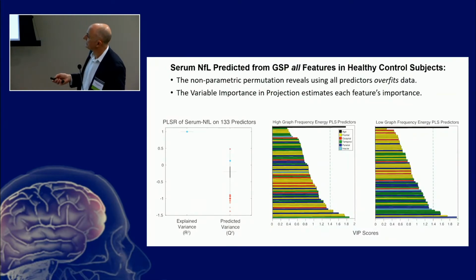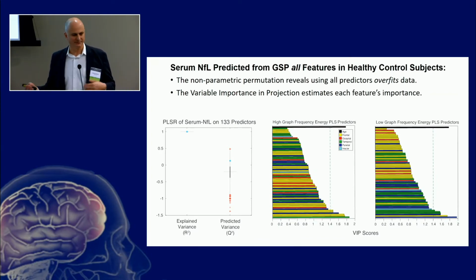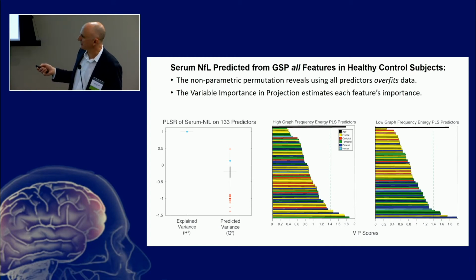So initially, we did the naive thing and regressed all 133 features, 33 different brain areas times 2 hemispheres times high and low plus age, and we found that we could predict 100% of the variance, and that's not true. This is basically an artifact of what's called overfitting. Okay? So we took an approach which is very well established in the field, which was to use what's called the variable importance projection of each of these features.